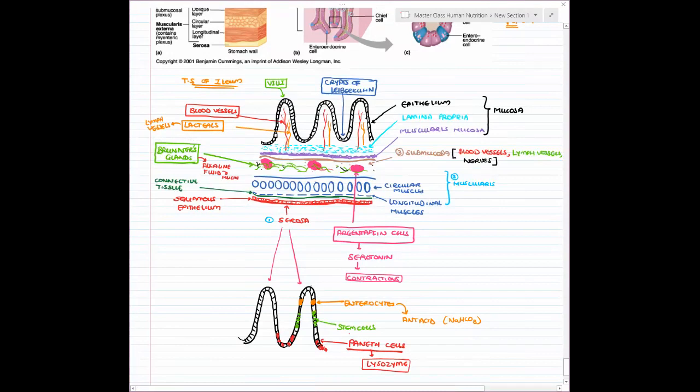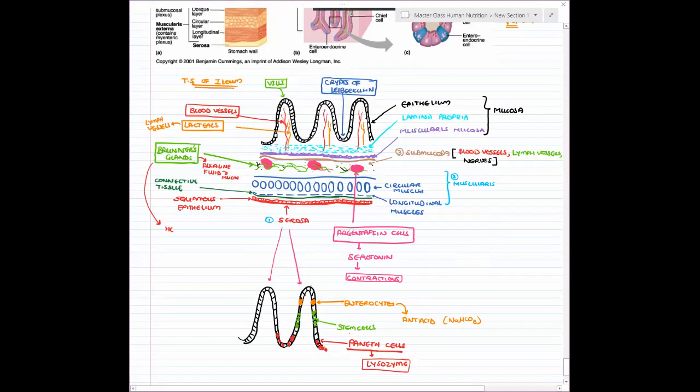Now, what is the job? The job is to protect the lining of the intestines from the stomach. That is the idea. This is alkaline fluid.